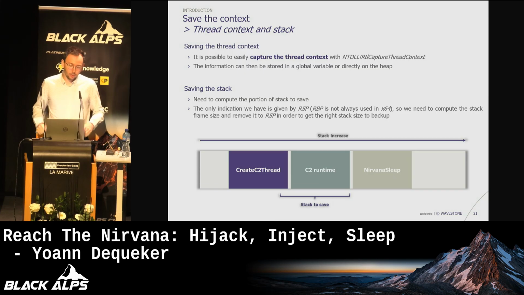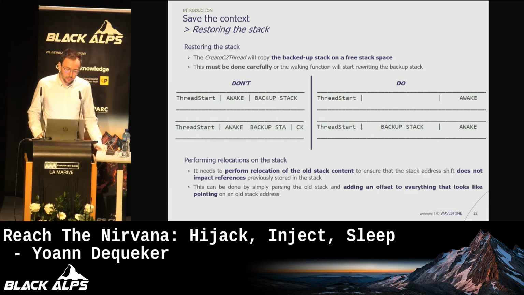After saving all this context, you can just kill your thread. The beacon will stop existing, but you have to reawake the thread and restore the context. And this is the hard part. To awake your thread, you can use a Nirvana hook. The Nirvana hook will be triggered every time a syscall is performed.